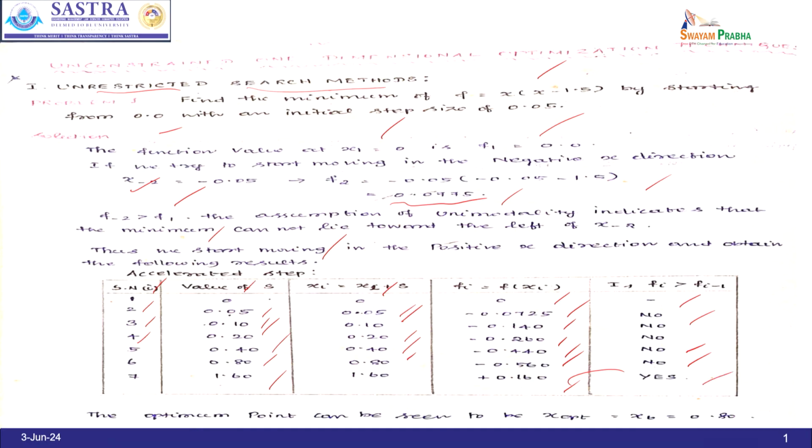Therefore, fi is greater than fi-1, so stop. Therefore, the optimum point can be seen, and x optimum is x6 = 0.80.